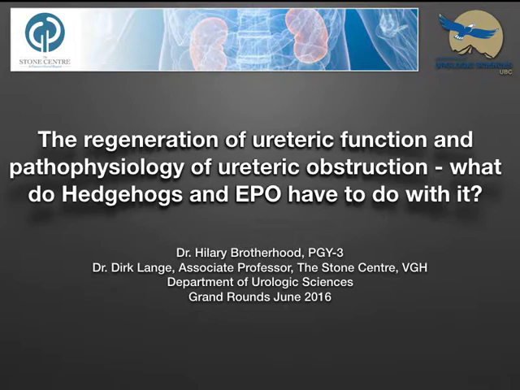On the left, the graph shows the level of hydronephrosis in stented pigs. The top line represents pig ureters that are stented with a normal polymeric stent, while the bottom one is a ureter stented with one of the biodegradable stents that we've been working with. The point of this particular graph is to show you that despite the fact that the ureter is stented and there is no obstruction in these ureters, there's still a significant increase in hydronephrosis in these animals.